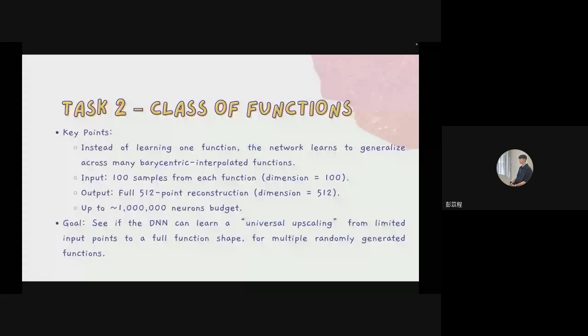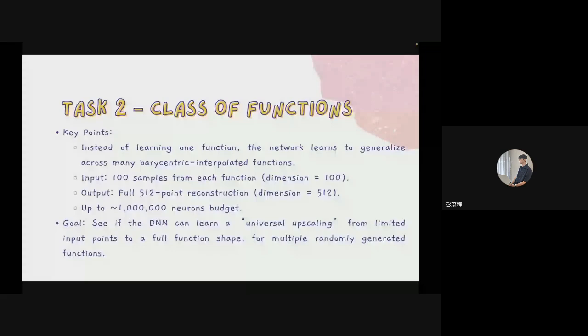And then we select 100 of these points as input and train a deep neural network to predict the entire 512 dimensional function curve. Our key steps: first, randomly generate multiple functions to form a dataset.